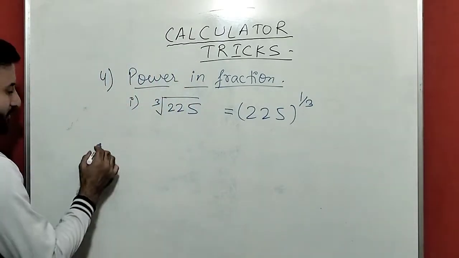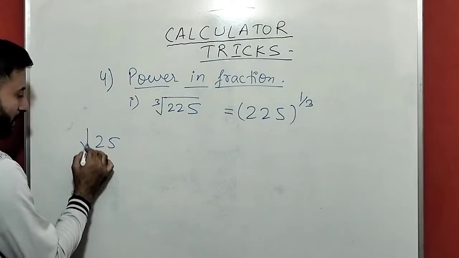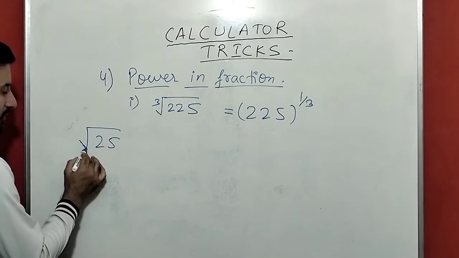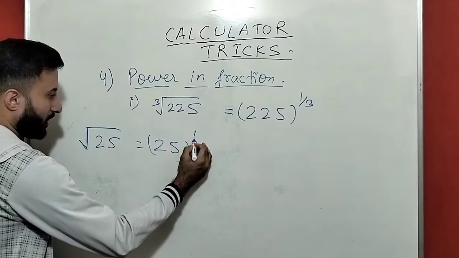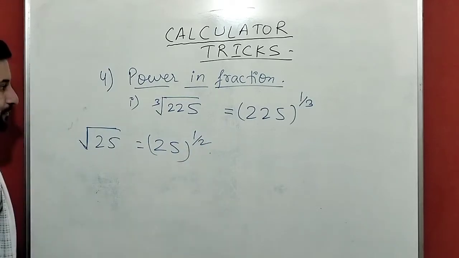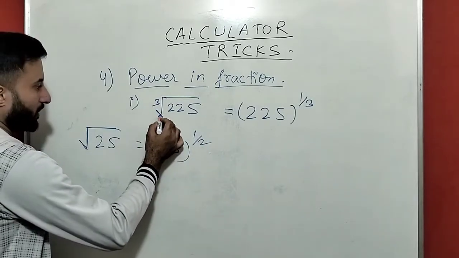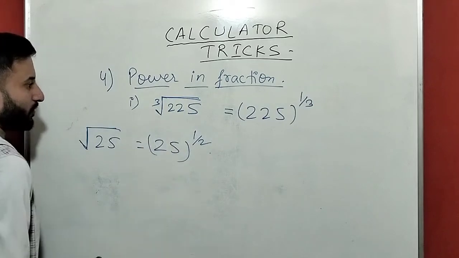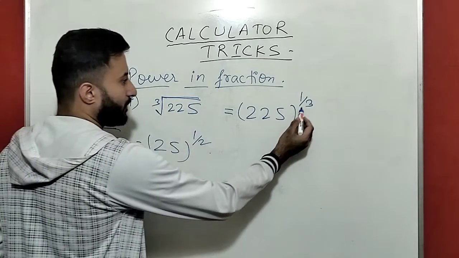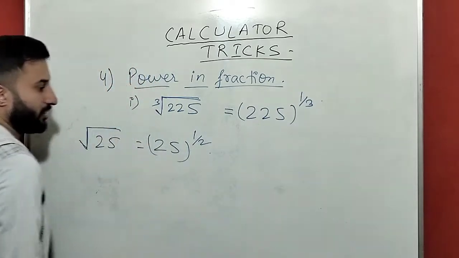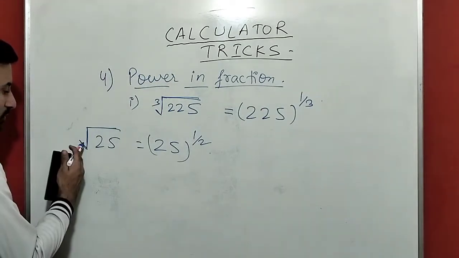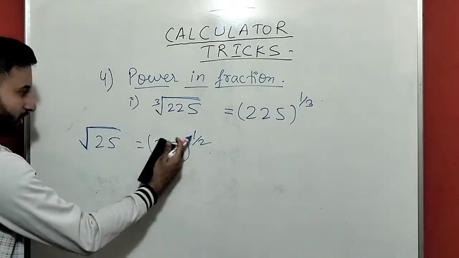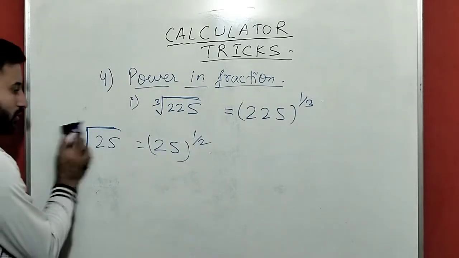Everyone knows, if it is 25 under a square root, if we remove the square root, it will become 25 power half. If we remove the cube root, the power will become 1 by 3. If we remove the square root, the power will become 1 by 2.